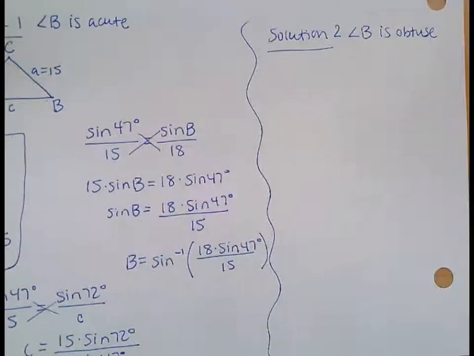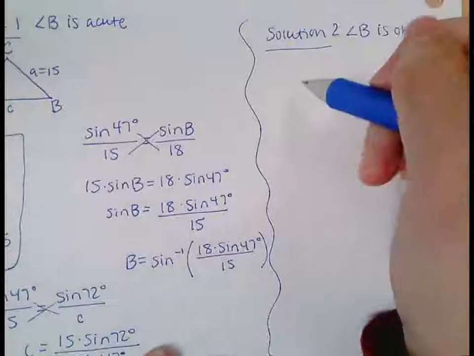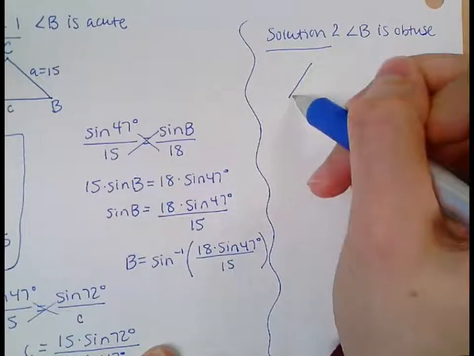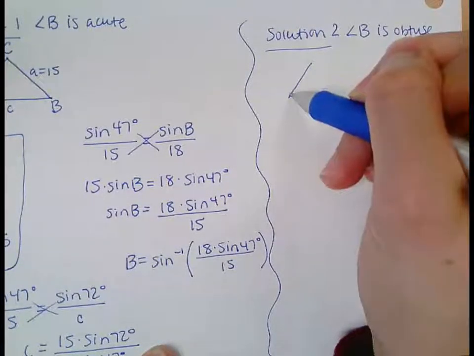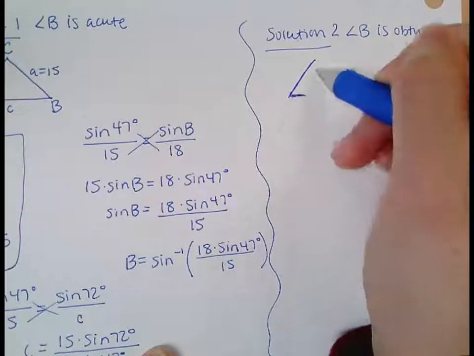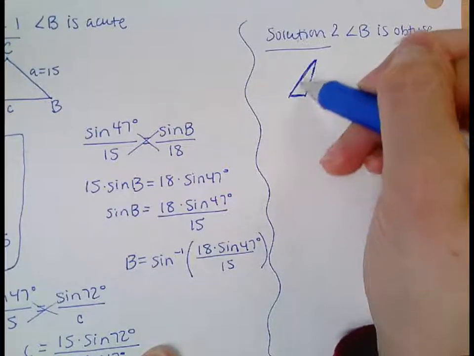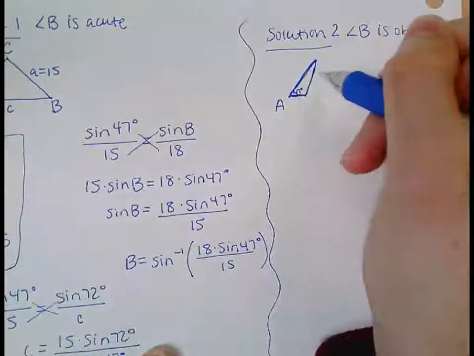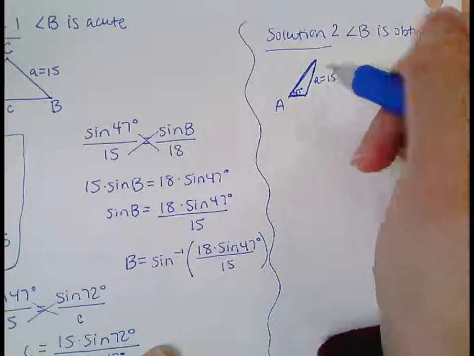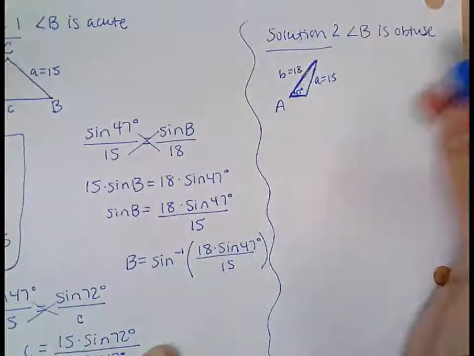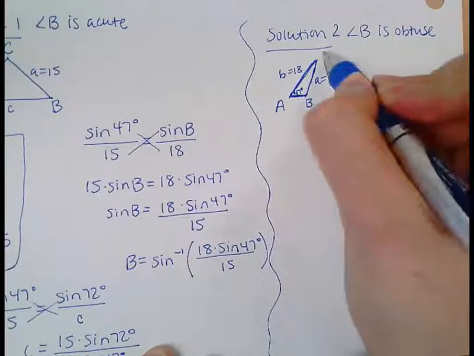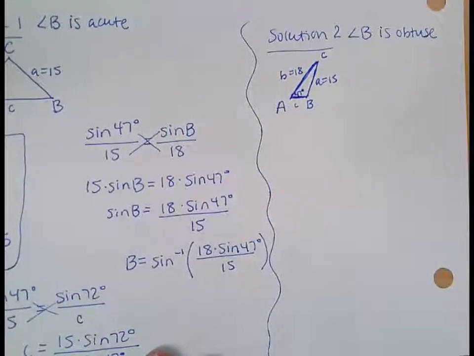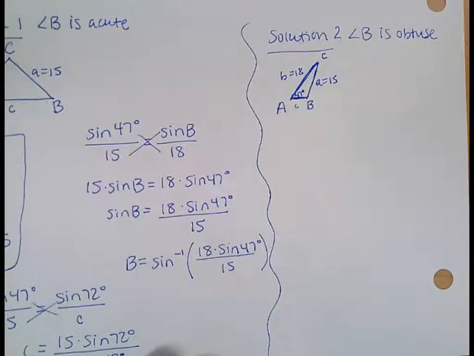And so again, if you flip to the front, you can kind of see what this triangle would look like. Angle A would still be acute. It's kind of a skinnier looking triangle, but angle B is obtuse, so it looks something like this. Angle A is still 47, side A is still 15, side B is still 18. Everything's in the same spot, but you can see the triangle is different. Angle B would be greater than 90 degrees.